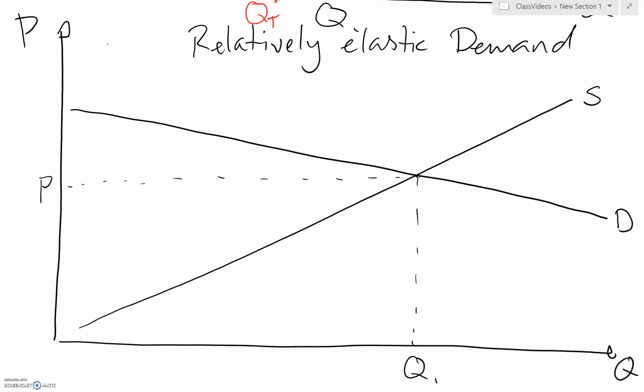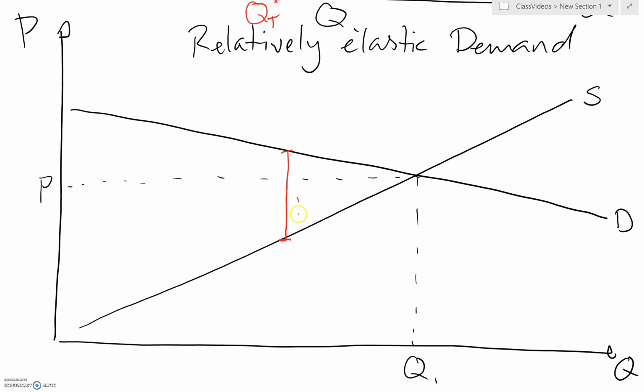Okay, so again, the government collects a fixed quantity of money for every trade that happens, and so we're looking to drive a wedge between supply and demand that has a height equal to the value of the tax. So for the purposes of this diagram, let's put this in here.